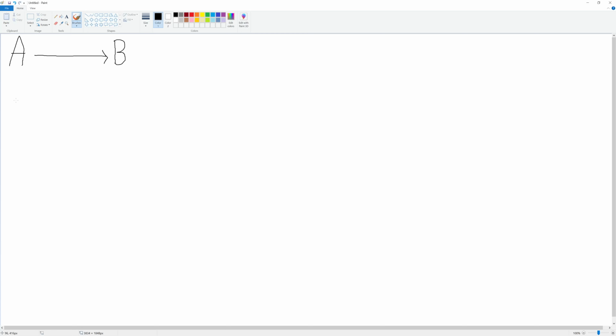But if it's a long distance, and let me try and do that, how consistent is my sizing here? A to B. If it's a longer distance, then of course you need more gas. Otherwise, your car's not going to make it. It's going to stop halfway.